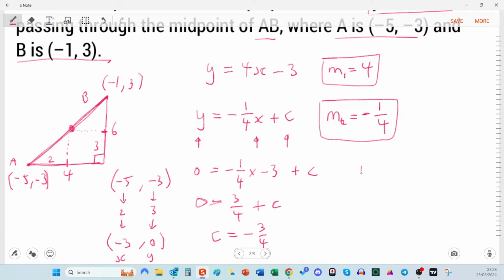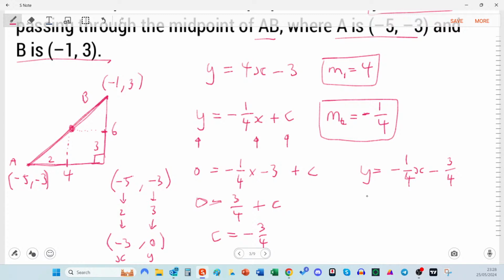So let's write it one more time. -1 over 4x minus 3 over 4. And we found the equation. We know we found it when we have m and c. Look how useful it is to know a coordinate. A coordinate allows us to get rid of x and y and find the unknown in the case where we had 3 things that were just unknown.